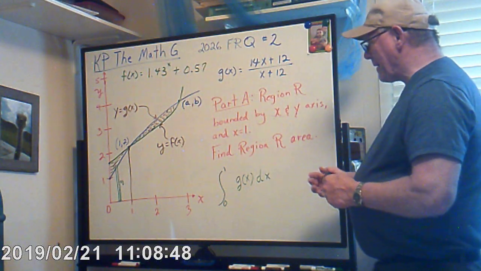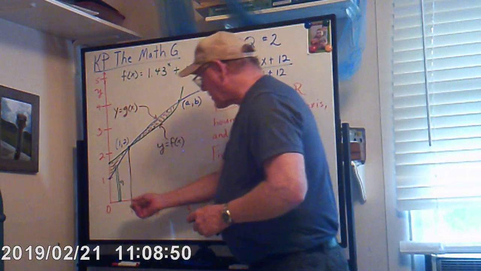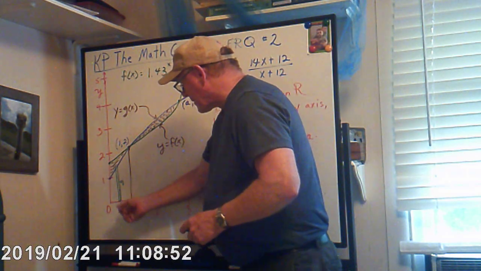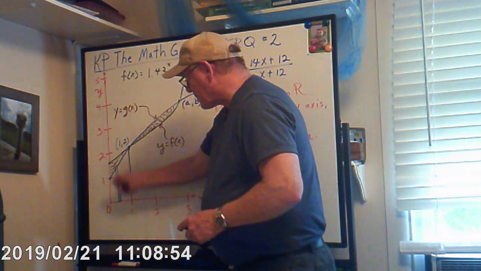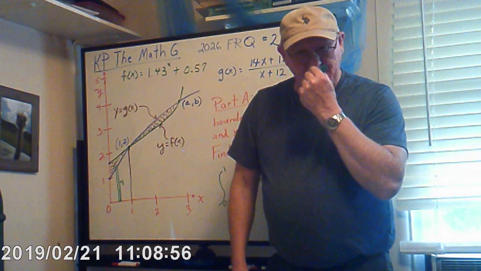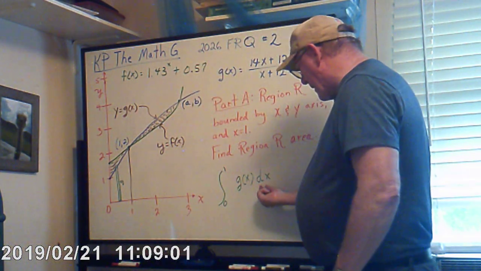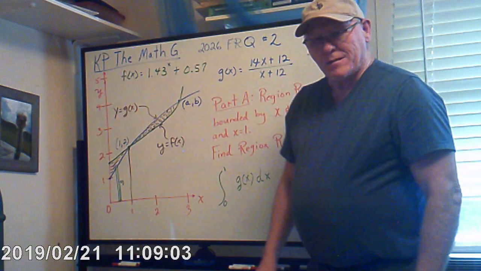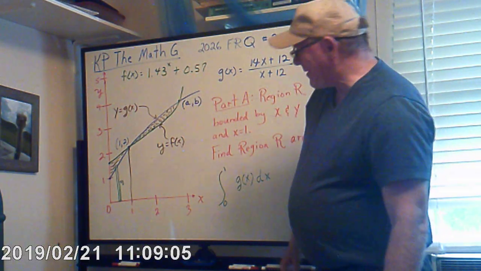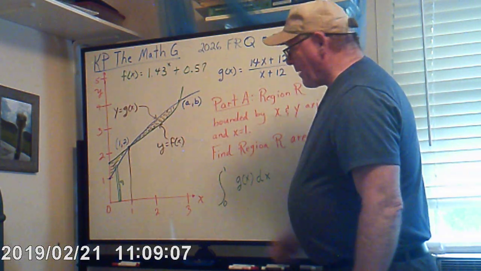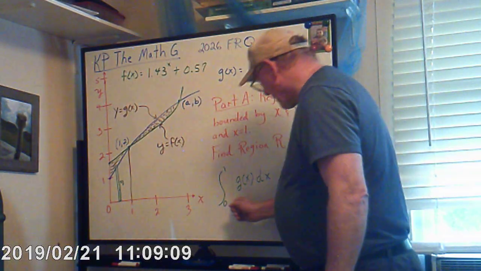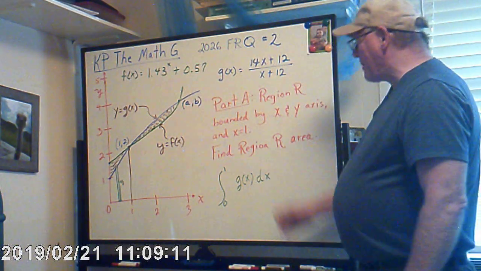Alright, area is you've got your length, which is y, and you've got your width, which is dx, or delta x, which turns into dx, right? So length times width. That's what you've got to remember on area.